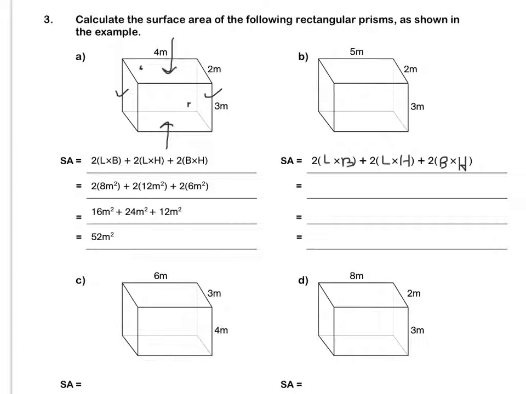So we have 2 times the length times the breadth, which in this case is 5 times 2, so it's 10 meters squared, plus 2 times the length times the height, which is going to give us 15 meters squared. Lastly, we have 2 times the breadth times the height, which is going to give us 6 meters squared. Then you need to do these calculations, get your answers, and add up. Press pause to complete the rest of this page by yourself.